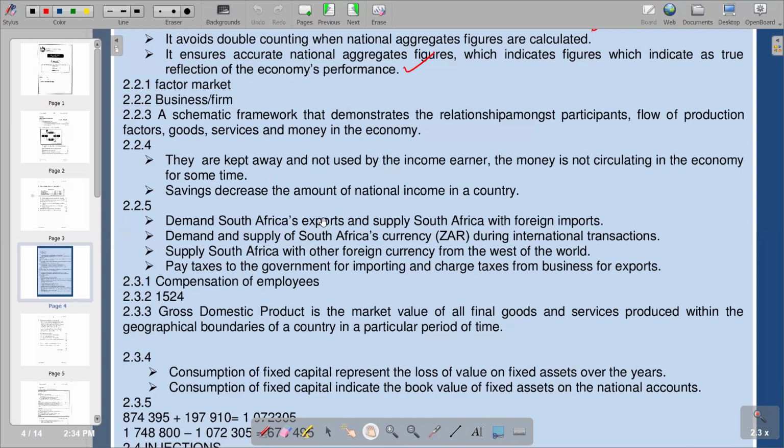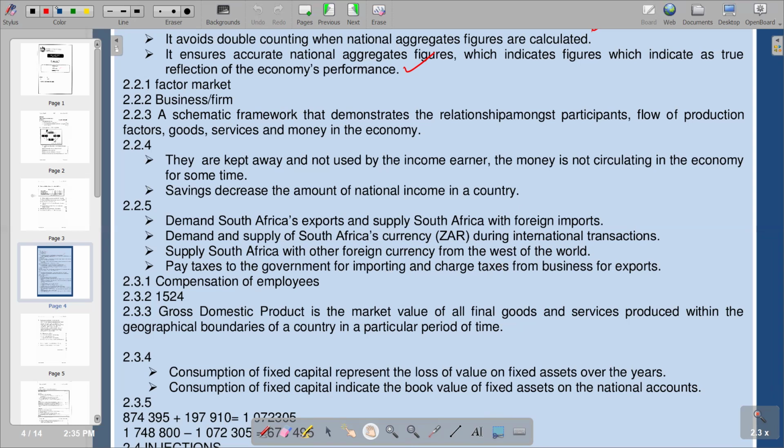And the foreign sector is the one that demands our local products and services. So the foreign sector demands South Africa's exports and supplies South Africa with foreign imports. From the point of view of imports, the foreign sector is the one that supplies the goods and services. Then the second point: demand and supply of South Africa's currency during international transactions. They also demand our local currency, that is the rand. And then the third point: supply South Africa with other foreign currencies from the rest of the world.